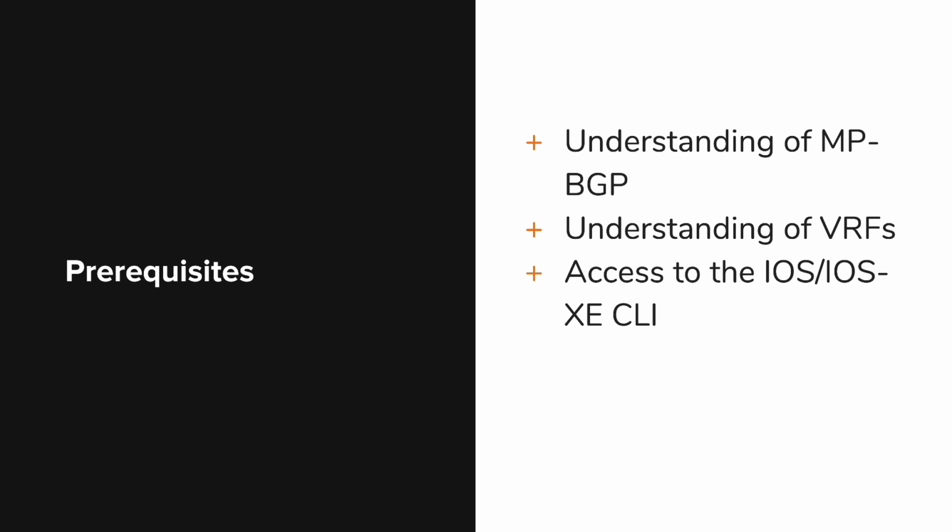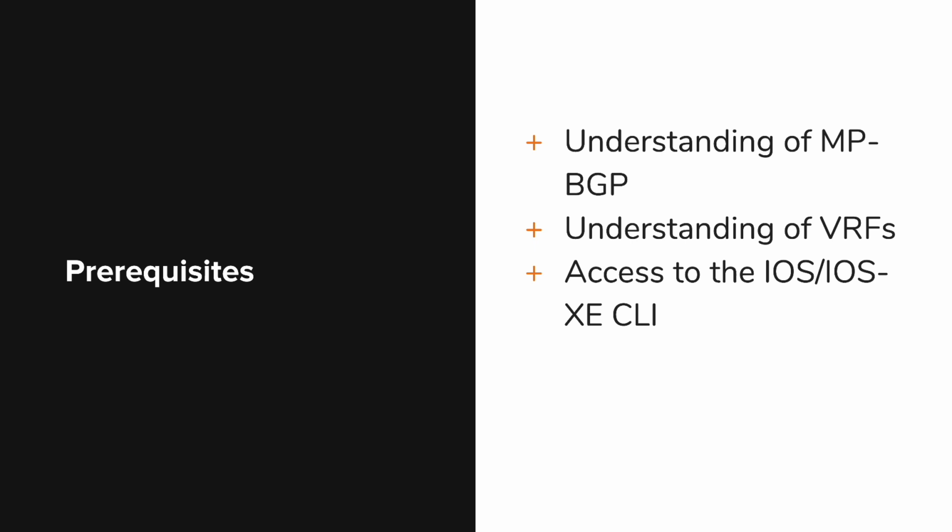And, as I always like to say, access to the IOS or IOS XE CLI is definitely a prerequisite, because there is no better way to reinforce material that you're learning than through active learning. And that means you getting on the CLI, hammering out the commands, and creating the configuration, irrespective of whether you're doing it in VIRL, some other simulation software, on physical hardware, or using your INE rack.